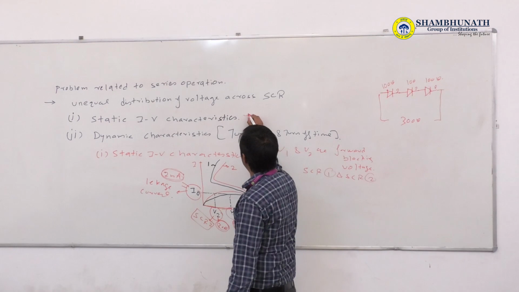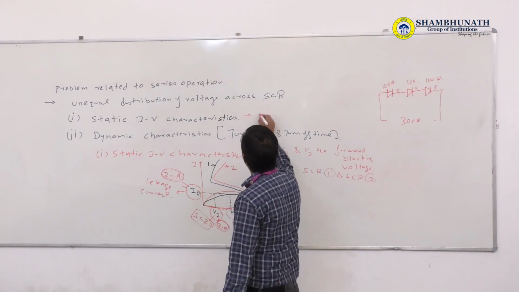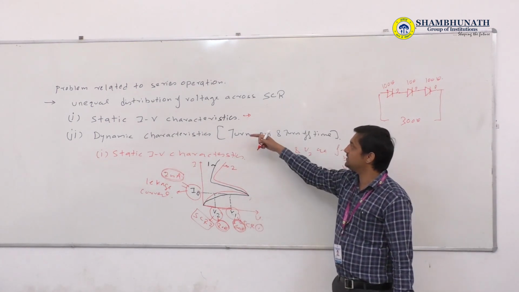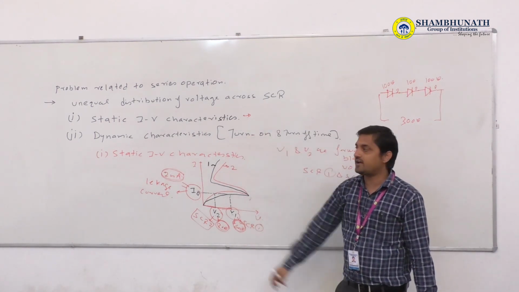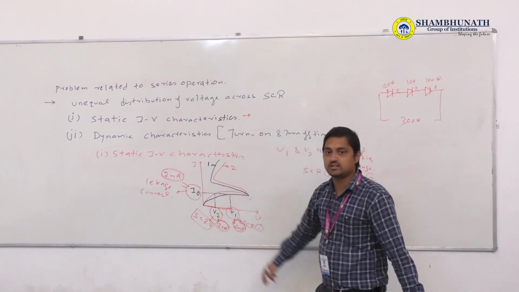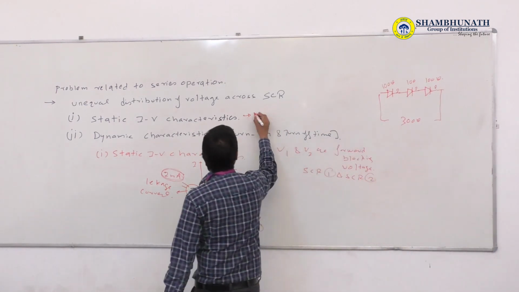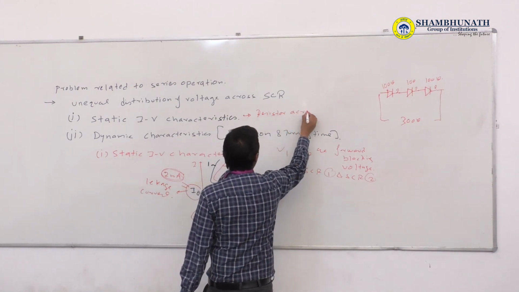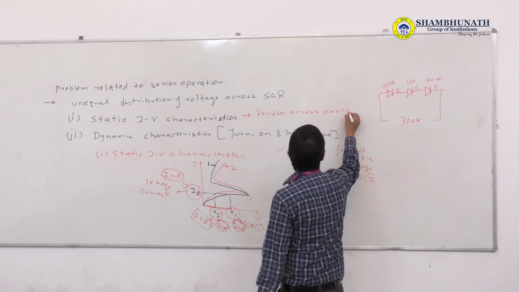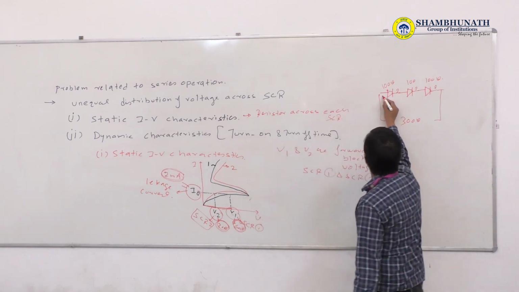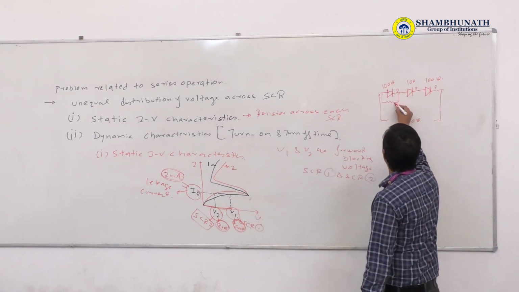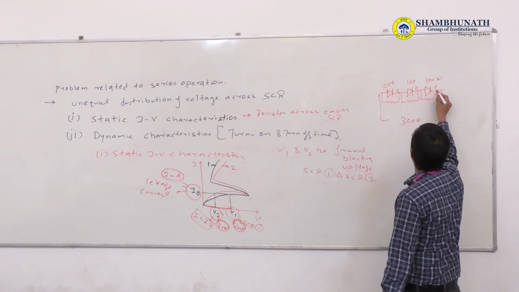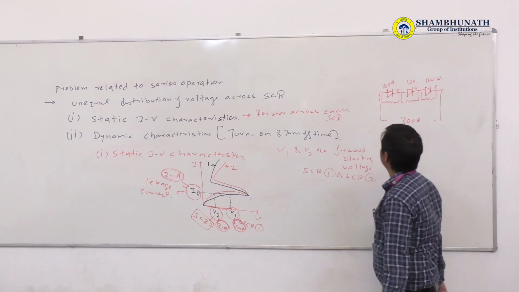It can be removed by connecting a resistor across each SCR, like this. Connect a resistor across this, across this, and across this.